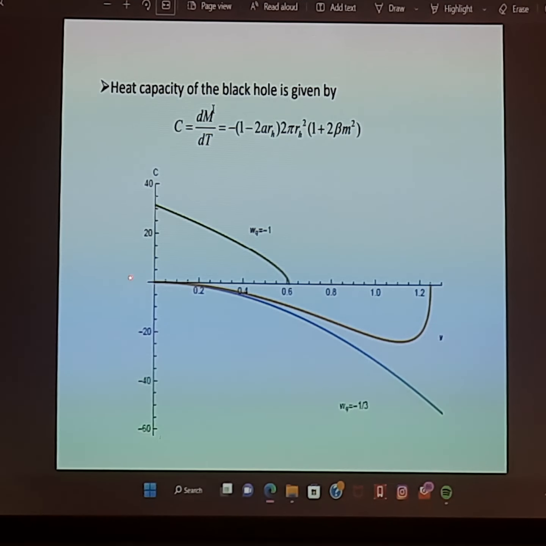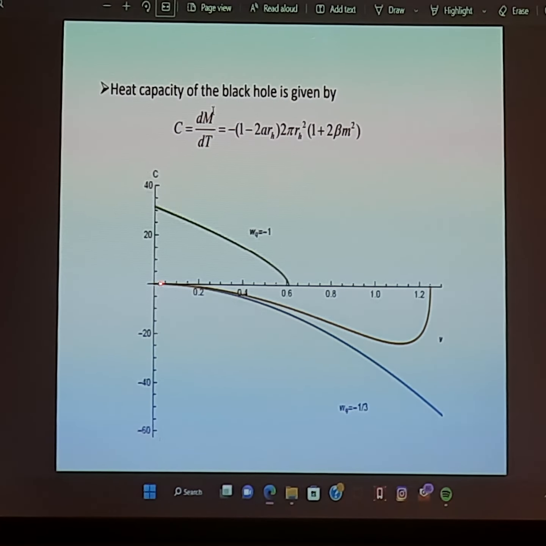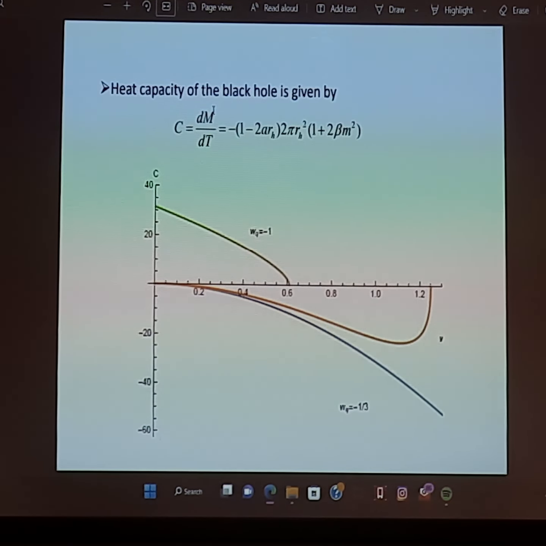Whereas if the black hole satisfies this condition and is in this region, then no remnant will be formed, and it will completely evaporate.